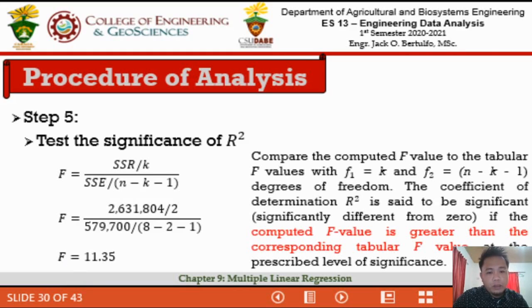Okay, so we need the degrees of freedom: F1 is just equal to k, and F2 is equal to n minus k minus 1. Then we need to compare the computed F value to the tabulated F value.